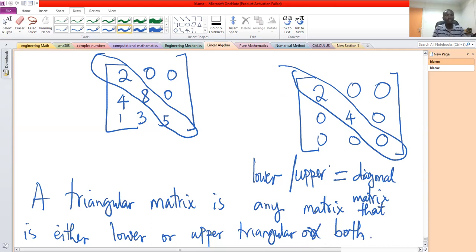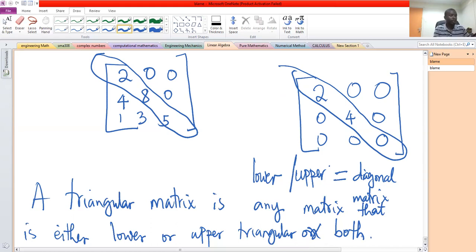So any matrix that is either lower triangular, upper triangular, or both lower and upper triangular is called a triangular matrix. And a matrix which is both lower and upper triangular can as well be described as a diagonal matrix.